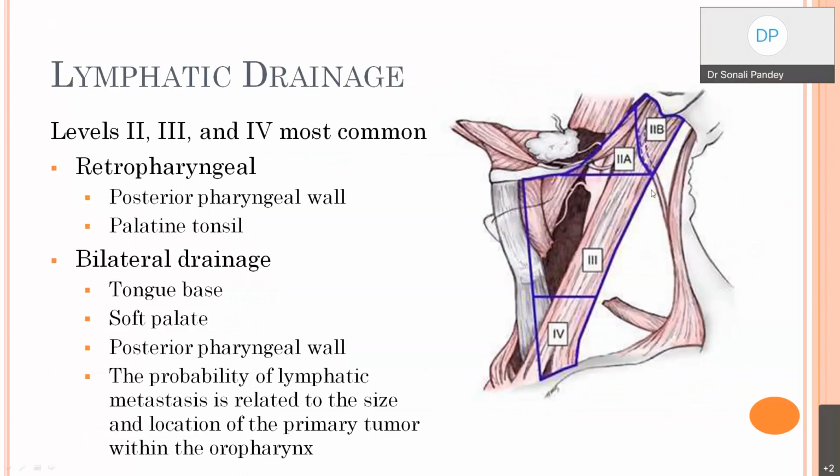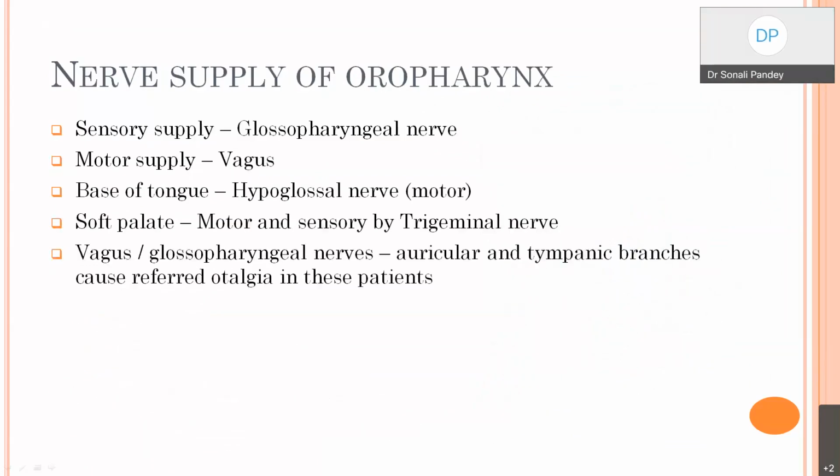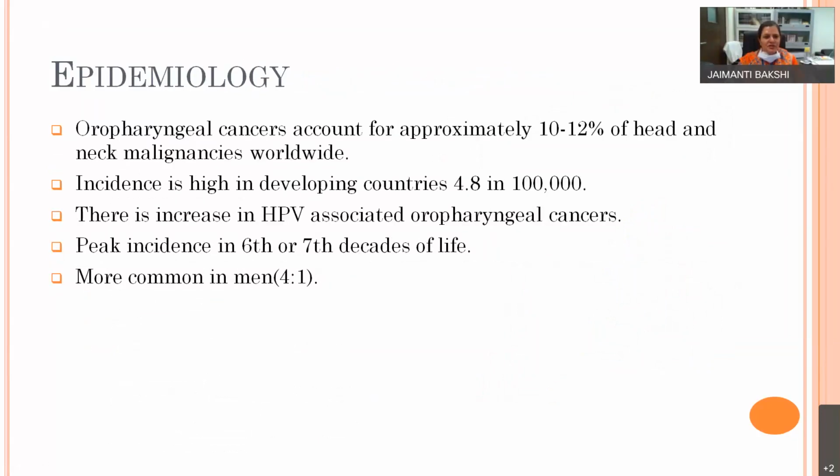And this is lymphatic drainage showing level 2, 3, 4, 2B, 2A, 3 and 4 lymph nodes. Then nerve supply of the oropharynx. Epidemiology.